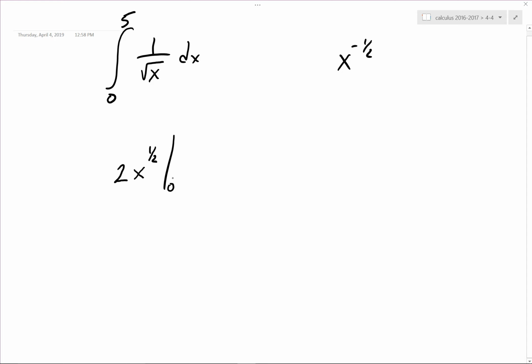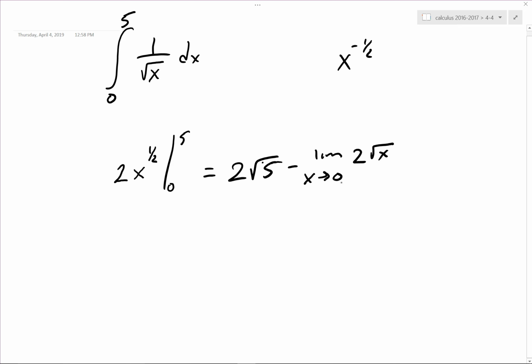Now we're going to evaluate that from 0 to 5, yes? So it's 2 square root of 5 minus the limit as x approaches 0 of 2 square root of x.